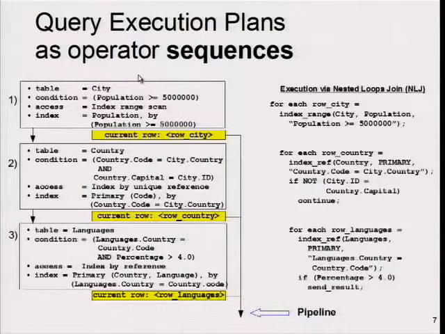We would perform a lookup with this predicate for the first key in the index that fulfills this condition, and we will load the first key in variable row city here. Then inside the outer loop, we move on to the next loop. We would use another access method here. It's indexRef, that is direct key lookup into the other index. We will load the second record here.